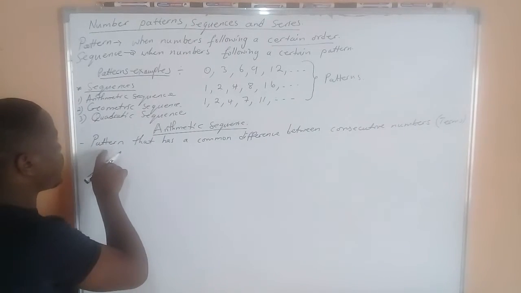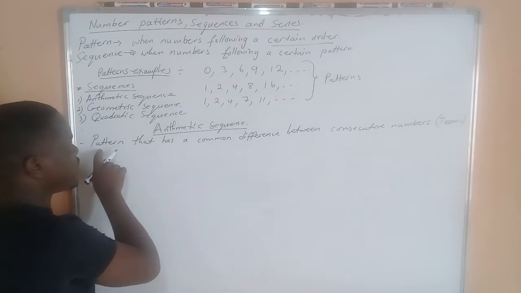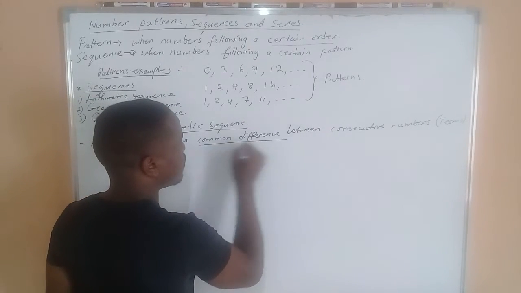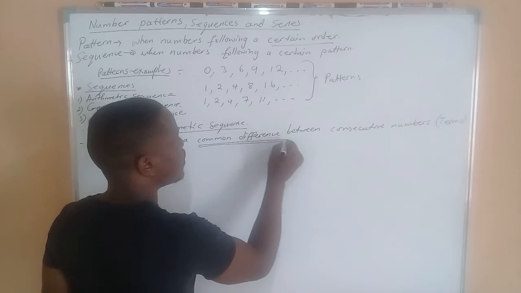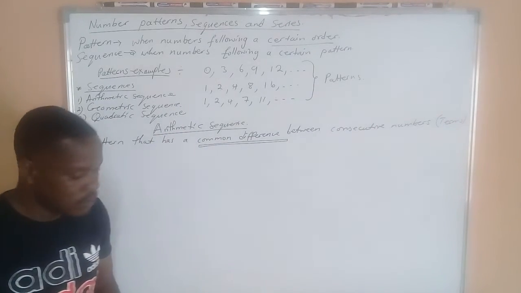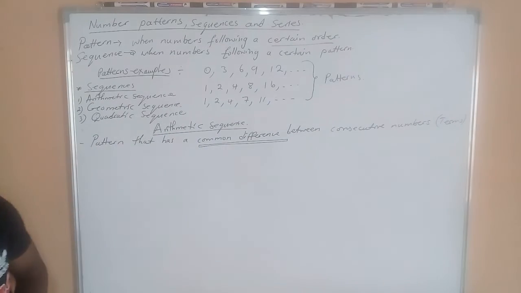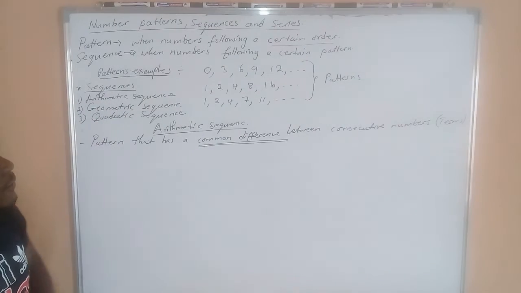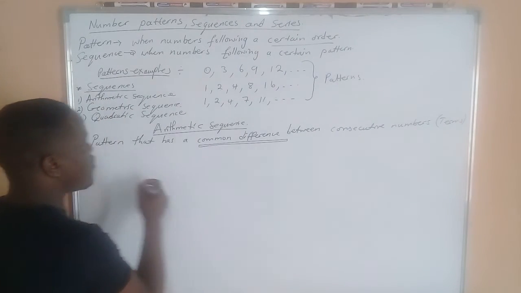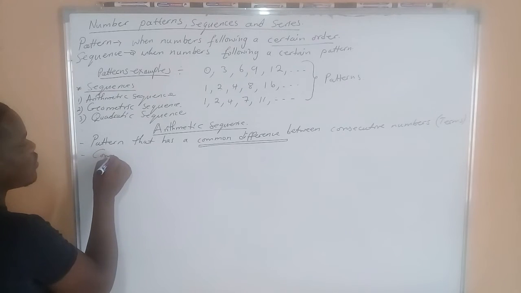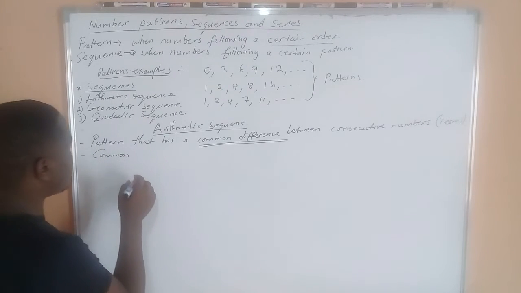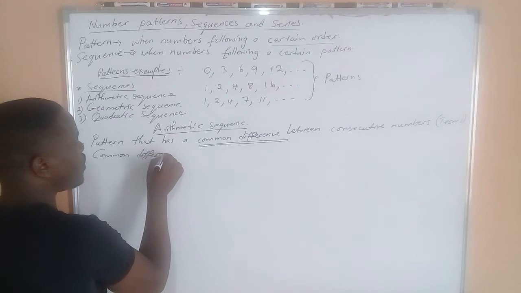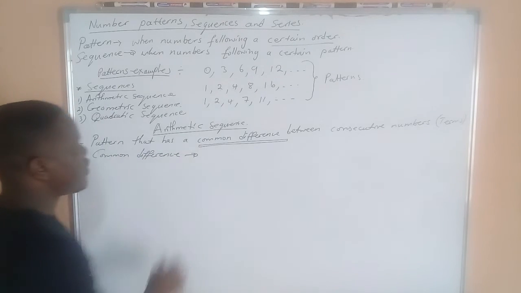Okay, so here an arithmetic sequence is when a pattern has a common difference. That's the main thing. The only thing that makes you able to identify that this is an arithmetic sequence is the common difference, right? What do we call a common difference? Someone would like to ask what a common difference is. Okay?